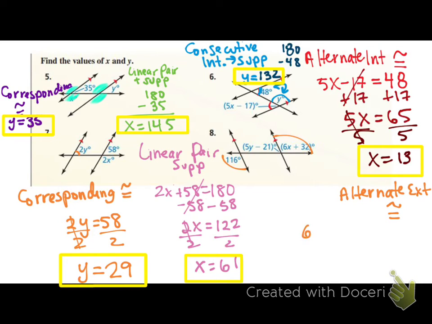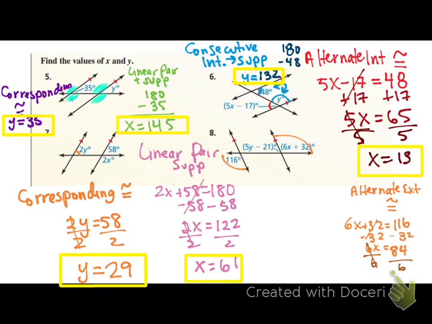So what am I going to do with 6x plus 32? We will set it equal to 116. Subtract 32. 6x equals 84. Divide by 6, and x equals 14.